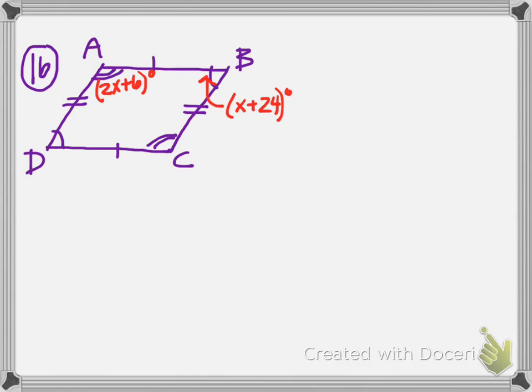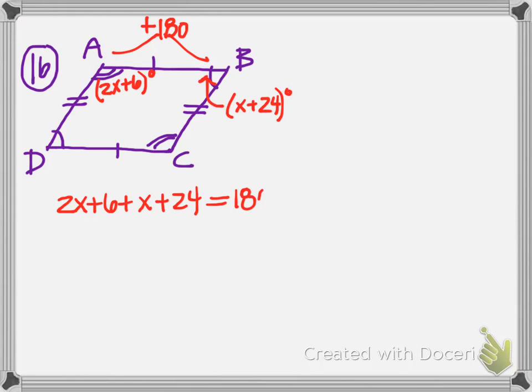So we have expressions for angles A and B. Those are consecutive, which means they're going to add up to 180. So we're going to use that to help us create an equation here. These add up to 180. So we will start off by saying 2x plus 6 plus x plus 24 equals 180 degrees.